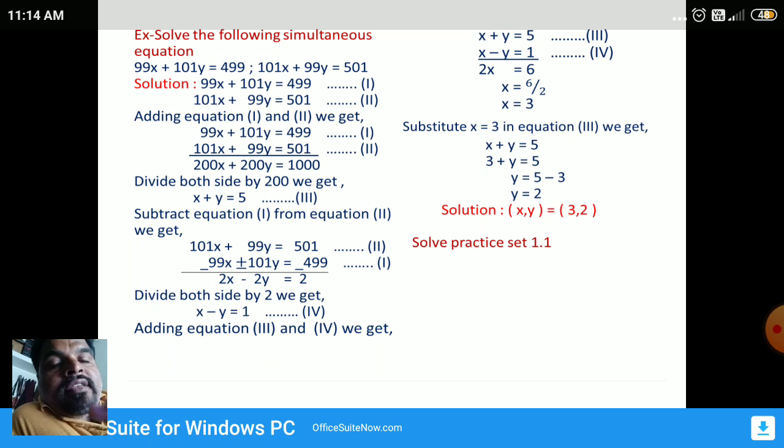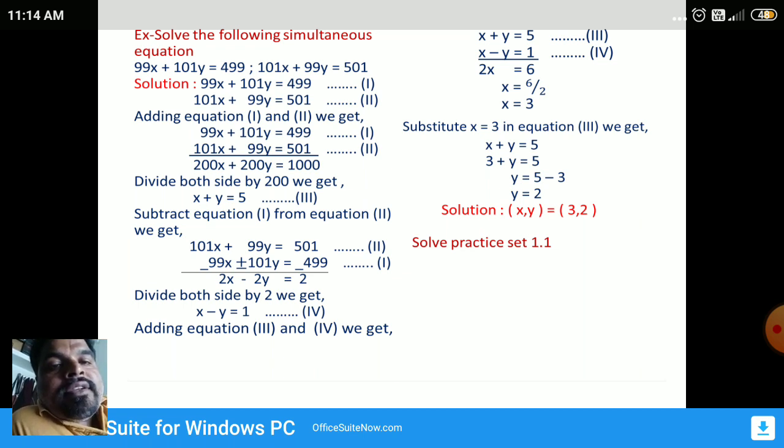These equations are solved by this method: first you add the first and second equation, you get another equation. Then you subtract equation first and second, you get another equation, and solve the new two equations, you get the answer. Now here, first we add equation 1 and second.